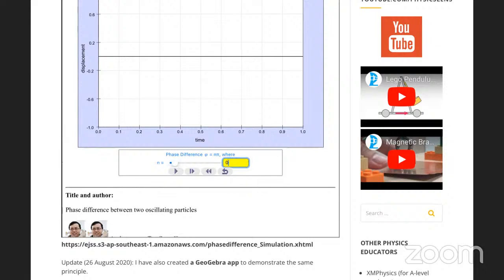Trying to get a phase difference of... all right. This one's really hard. Daddy. Yeah. How do I use these?